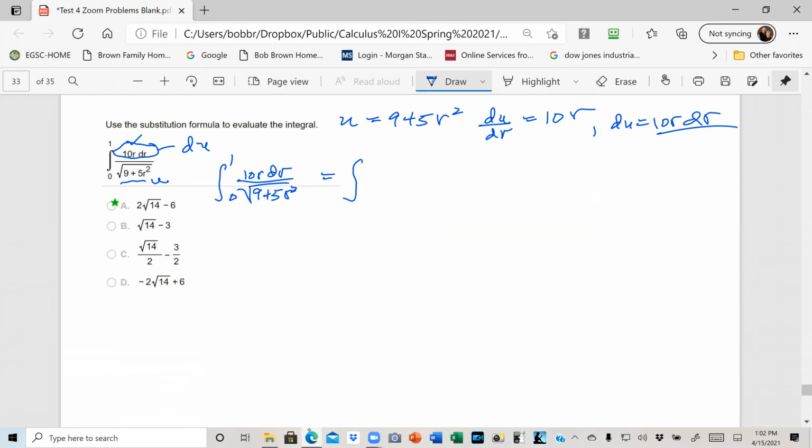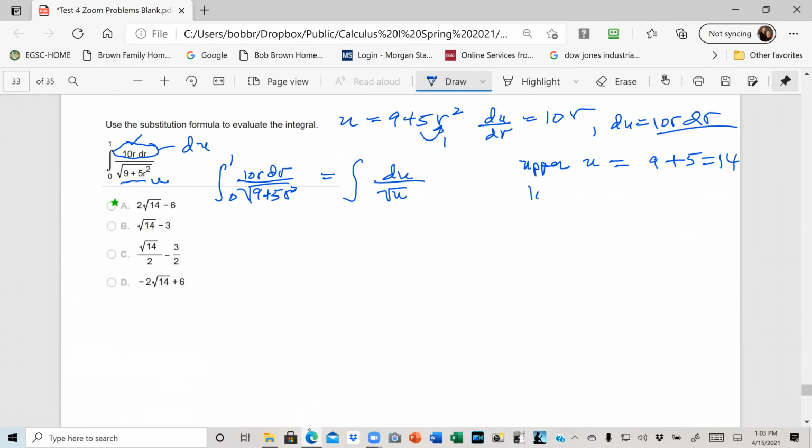But we're going to have du over the square root of u du. And let's get the upper. u is going to be equal to 9 plus, plugging in 1, 9 plus 5 equals 14.